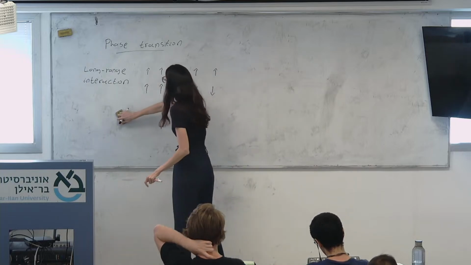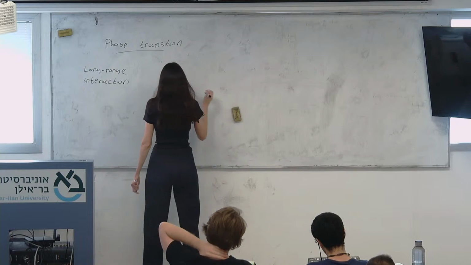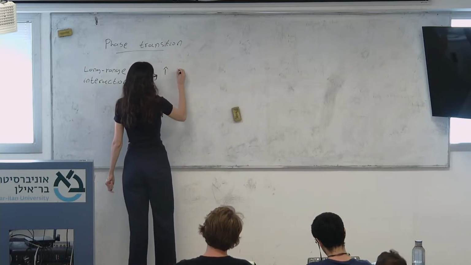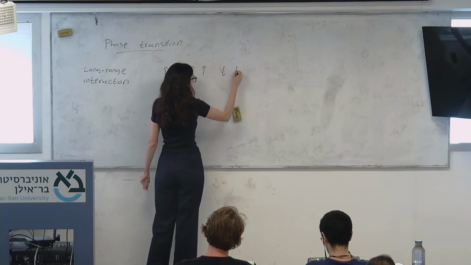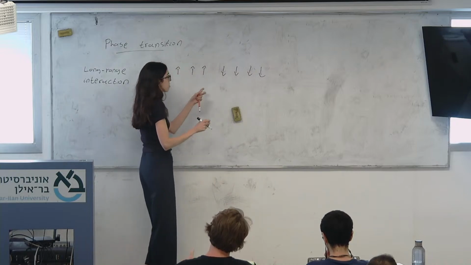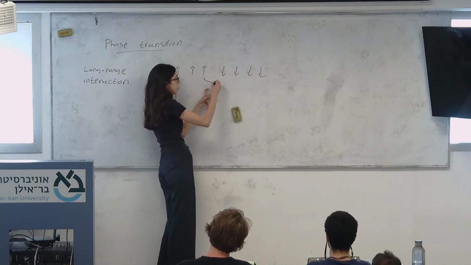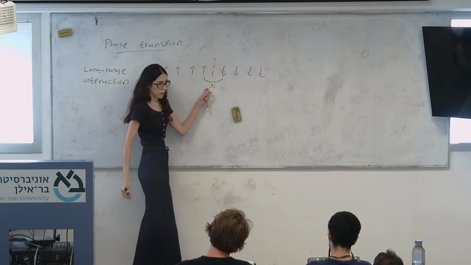Okay, so now we have, let's say, one interaction term for, so this is the domain wall, so let's call that J1.